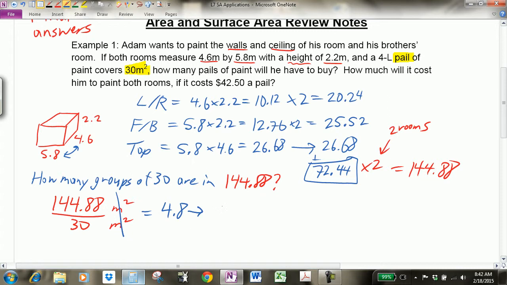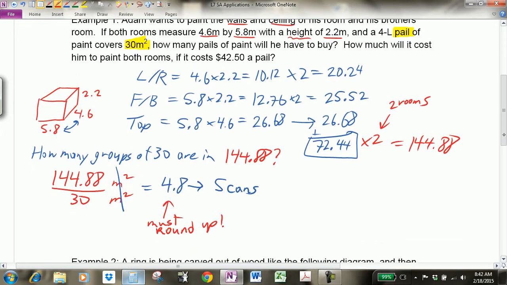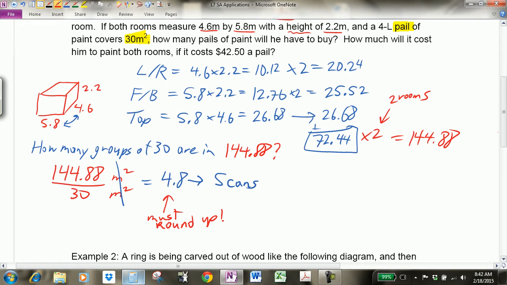So then we have to round up no matter what. 5 cans. Okay. You must round that up. So it's a good thing we didn't take the 3 cans and double that, because that would give us 6. Okay, so that's what I was getting at earlier.